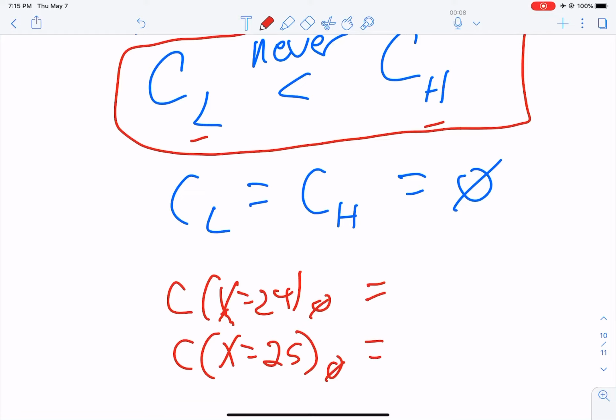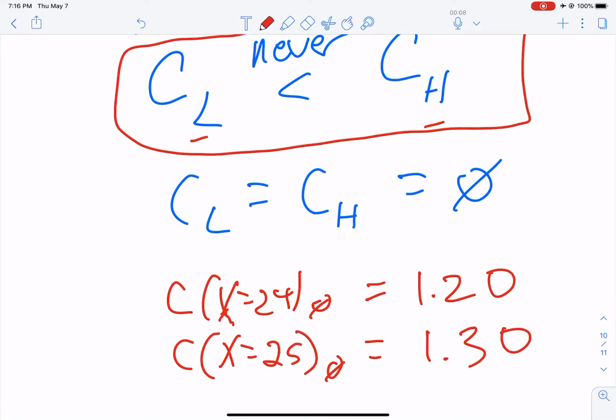Let's say the price of the 24 strike call is $1.20, and the price of the 25 strike call is $1.30.